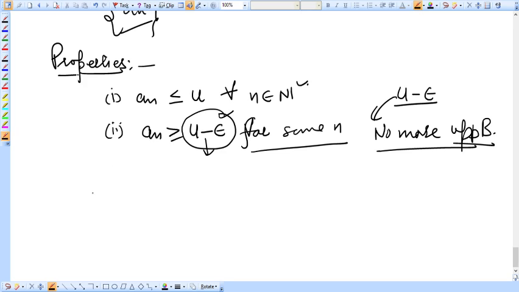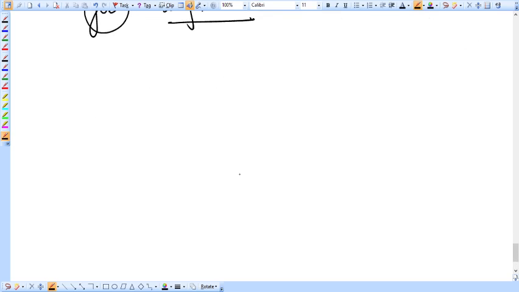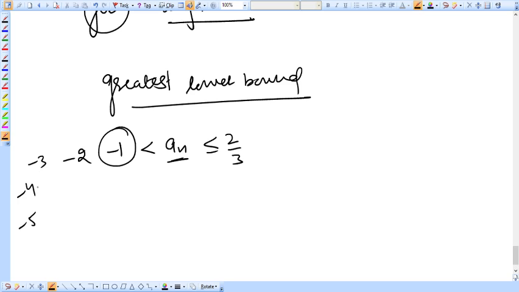Similarly, let us define the lower bound and the greatest lower bound. The greatest lower bound is also known as infimum. As we did earlier, we saw an was greater than or equal to -2 and less than or equal to 2/3. So look, this is a lower bound. This sequence will be greater than -2, greater than -3, greater than -4, greater than -5.